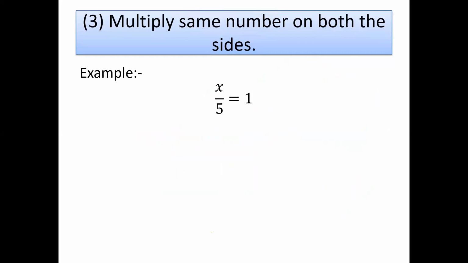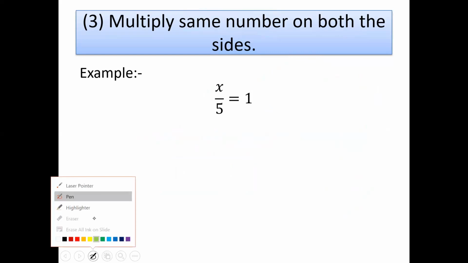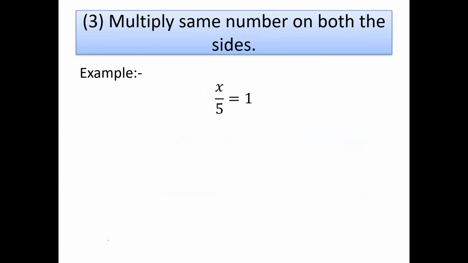Now let's see, multiply the same number on both the sides. Now we will be multiplying with the same number on both the sides, and let's see what we will get. X divided by 5 is equals to 1. Multiply same number on both the sides.